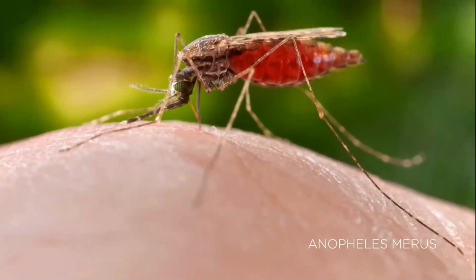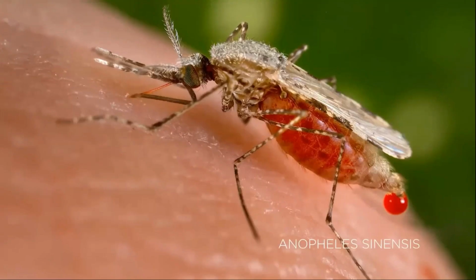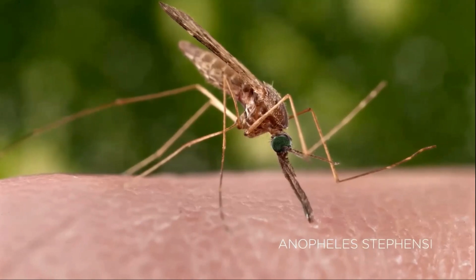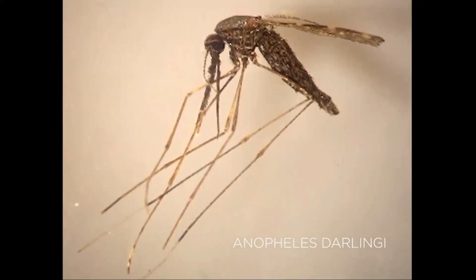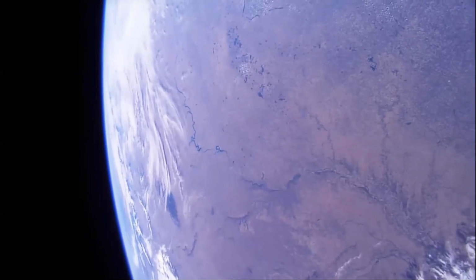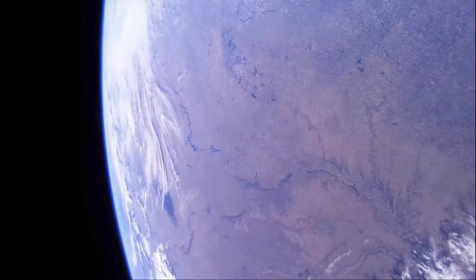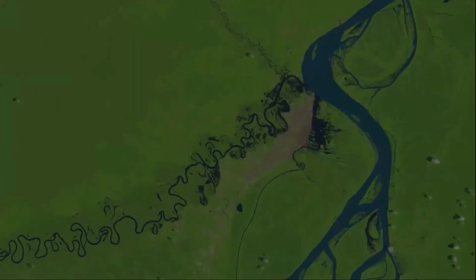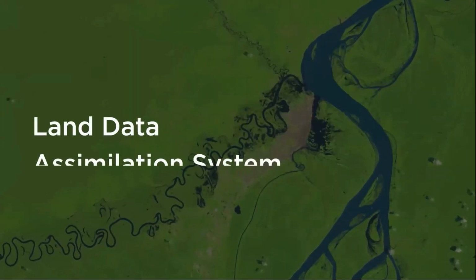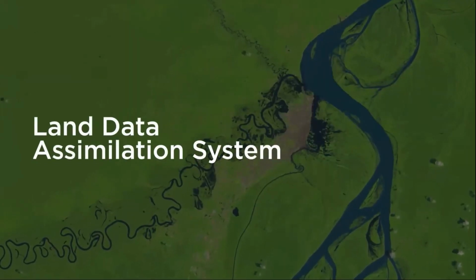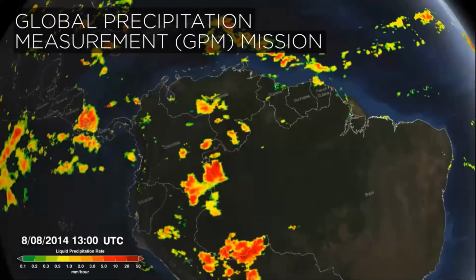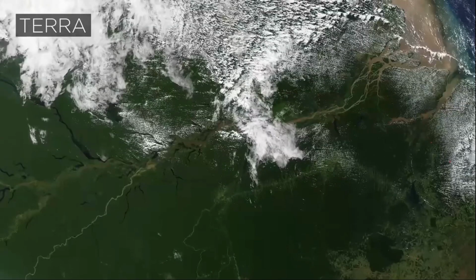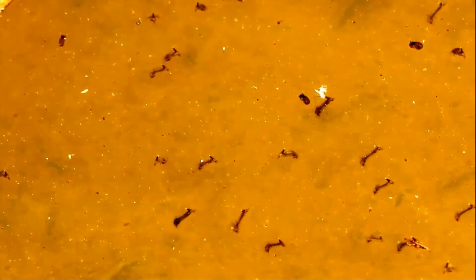There are roughly 40 species of malaria-transmitting mosquitoes worldwide, but in the Amazon, the Anopheles darlingi species is most responsible for spreading malaria. The key to this study is predicting where the darlingi mosquito breeding sites are with NASA satellites. The project is using a model called the Land Data Assimilation System, or LDAS, and this gets input from NASA satellites that provide information on precipitation, temperature, soil moisture, and land cover. This informs scientists where mosquito breeding sites are likely to form.